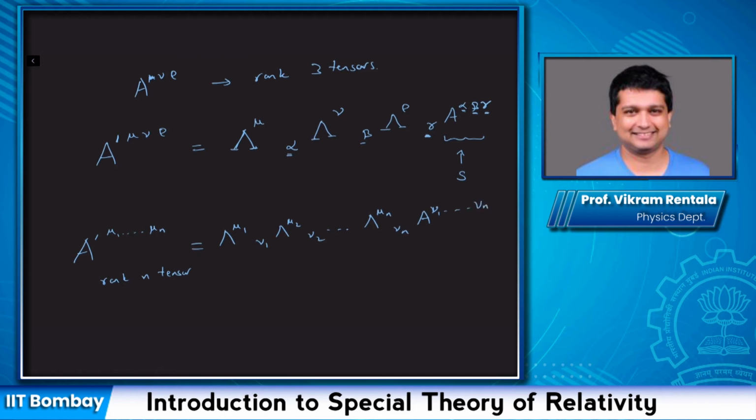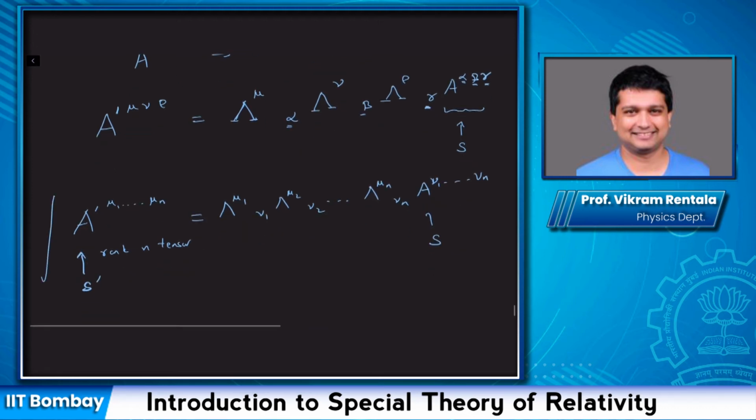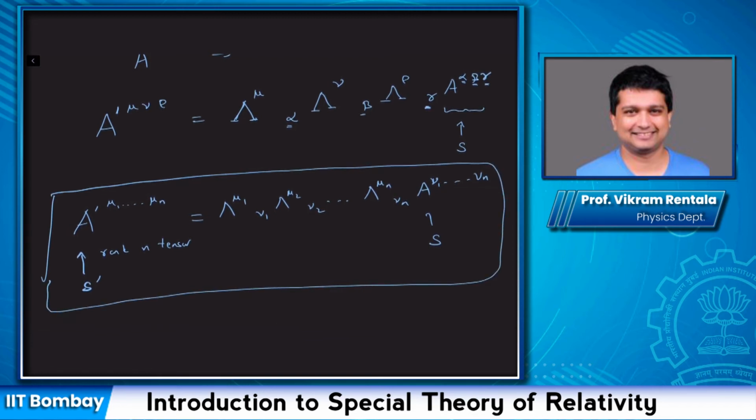So this is the same rank n tensor in frame S, and this is the same rank n tensor in frame S prime, where the frames S and S prime are related either through a Lorentz boost or a rotation. That is, they're related by any element of the Lorentz group, any matrix lambda of the Lorentz group.